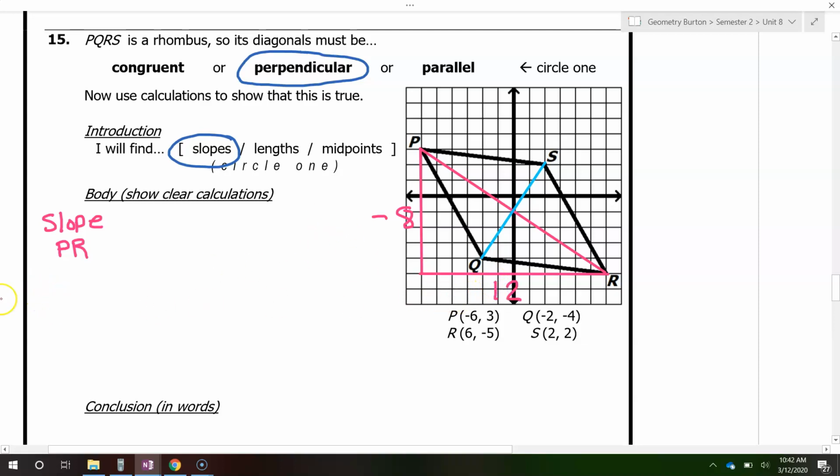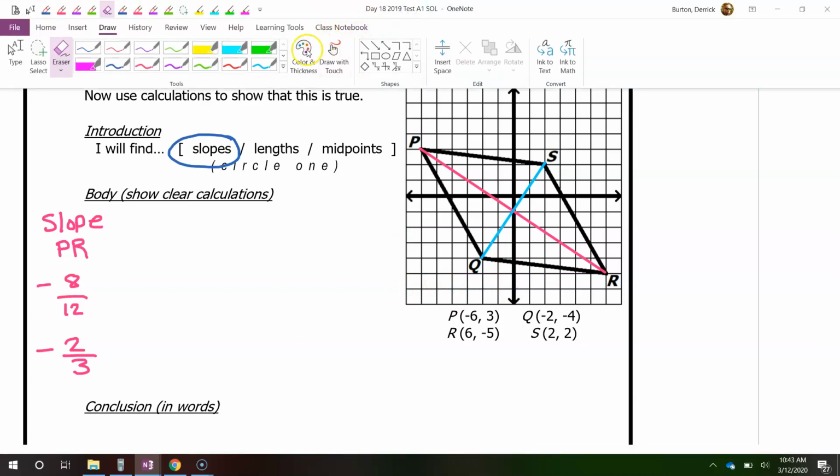So rise over run would be -8 over 12, which reduces down, dividing by 4, to -2 over 3. So that's the slope of PR. Okay, now let's talk about the slope of QS. I think I'll just erase this to get it out of the way and make it super clear what I'm doing.